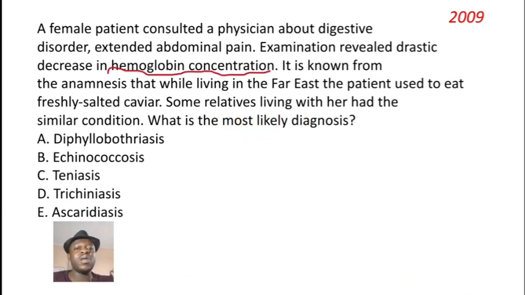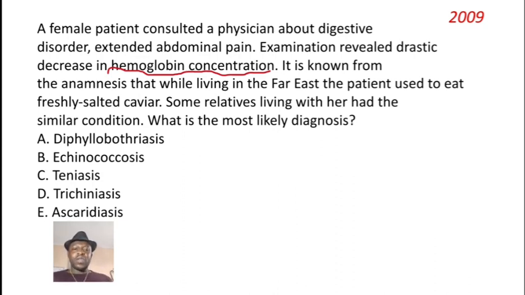So the first thing, on hemoglobin concentration, this is deficiency of vitamin B12 or cyanocobalamin, right? So the parasite is destroying the intrinsic factor of Castle. This intrinsic factor is important for absorption of vitamin B12. If it is deficient, there will be megaloblastic anemia, right?